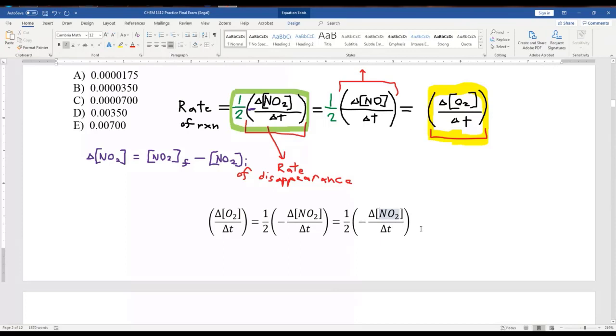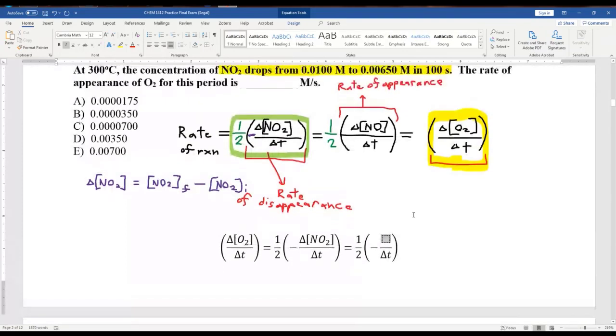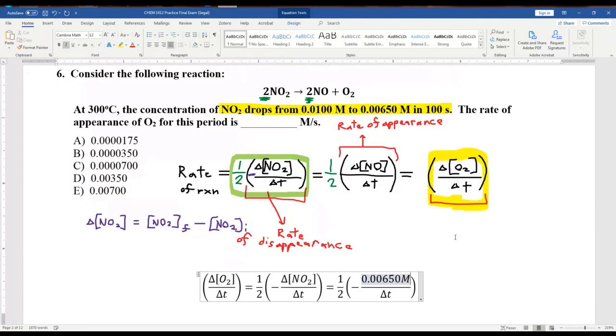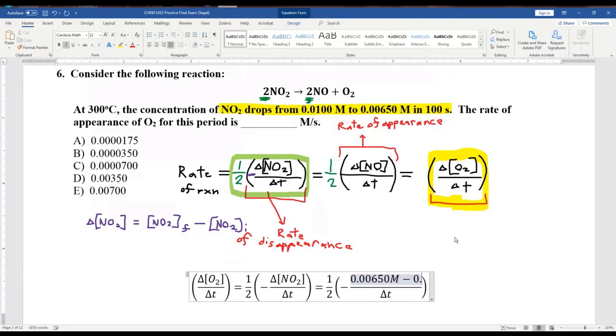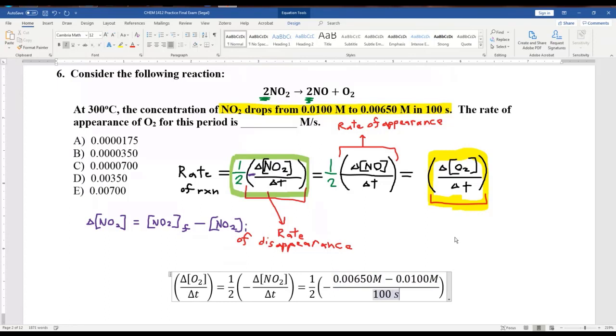So I'll take the change in NO2 is just going to be the final minus the initial, and the final is going to be that 0.00650 molar minus the initial, which is the 0.0100 molar. I lied. And then the change in time is just going to be the 100 seconds.